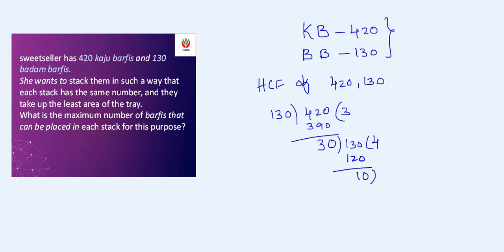This becomes the new divisor and the new dividend is 30. 10 threes are 30, so ultimately you get 0 and you have to stop the process. When you get 0 on dividing with 10, this 10 gives the answer for this sum.